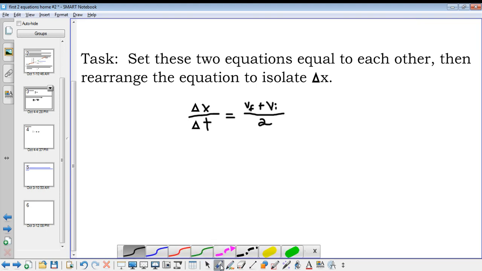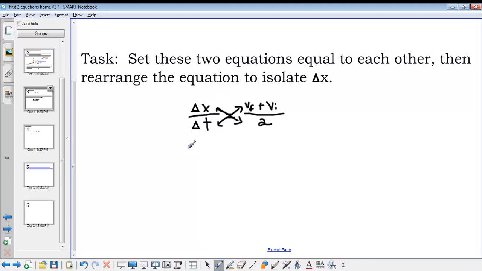So what we mean by that is I am going to rearrange this so that I can isolate displacement in terms of time and velocities. To do that, I'm going to cross multiply.